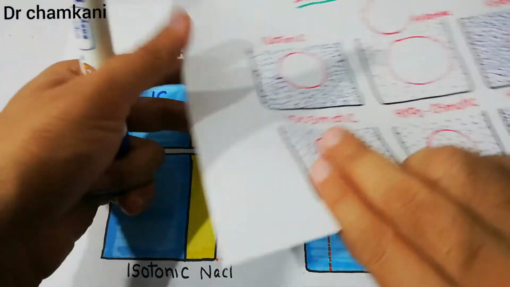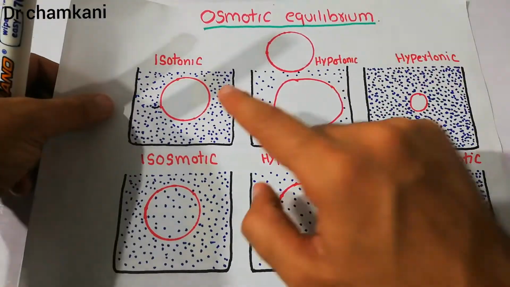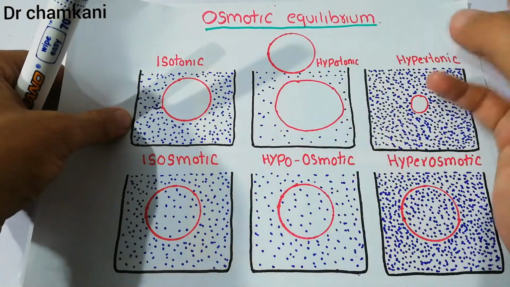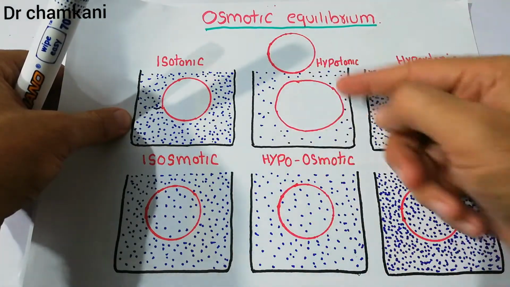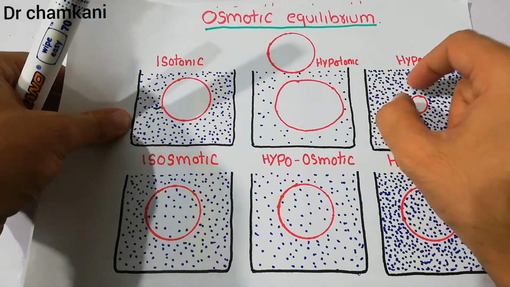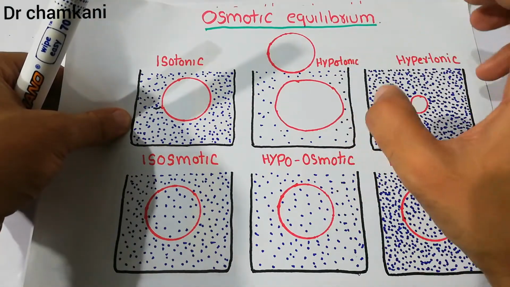We discussed previously in detail that if we put a cell in isotonic fluid, there is no change. If we put a cell in hypotonic fluid, then fluid enters into the cell due to osmosis, and if we put a cell in hypertonic fluid, then fluid goes out of the cell due to osmosis, so the cell shrinks.